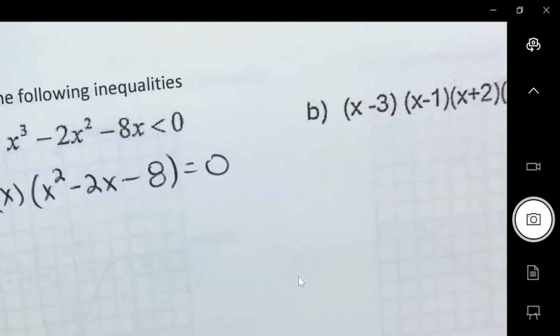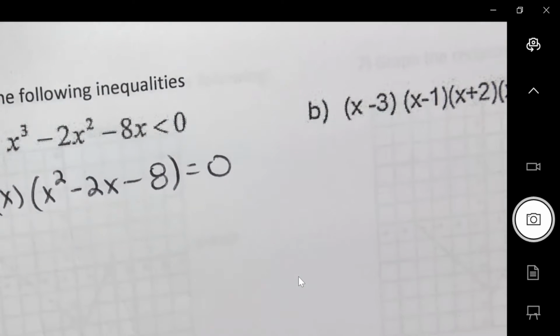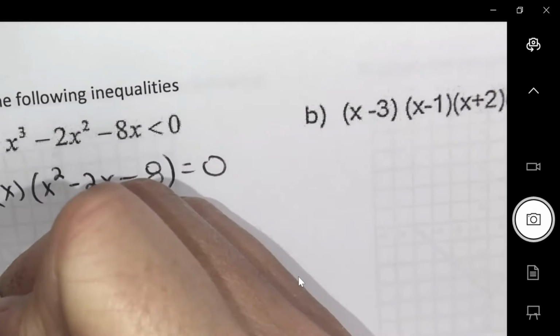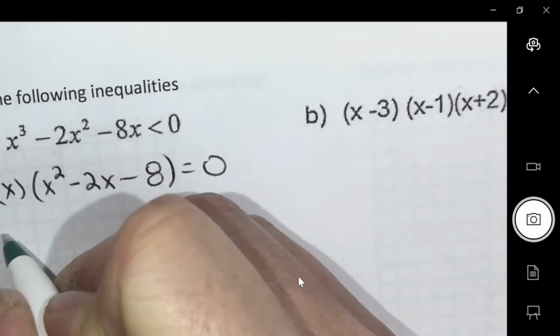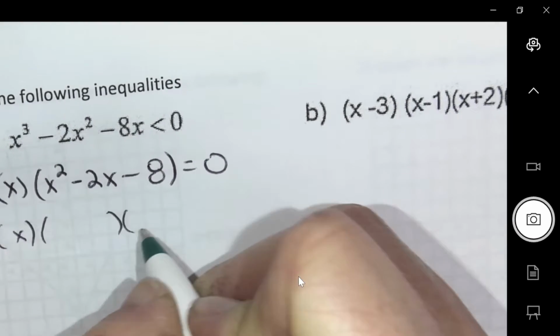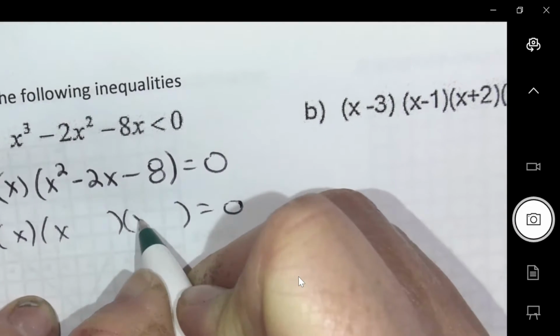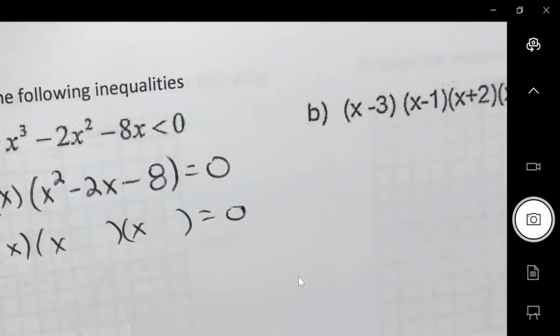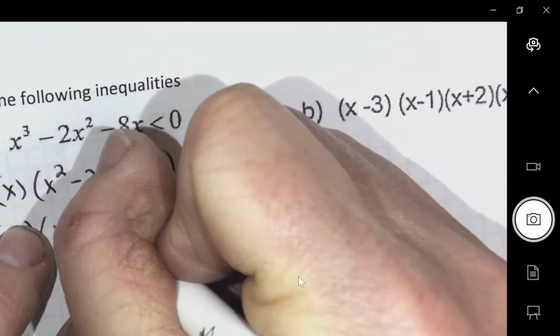I got to figure out where does it equal 0. Now I'm going to do a simple trinomial multiplying to 8. Got something that multiplies to 8: 4 times 2.